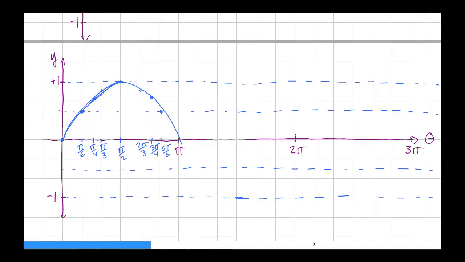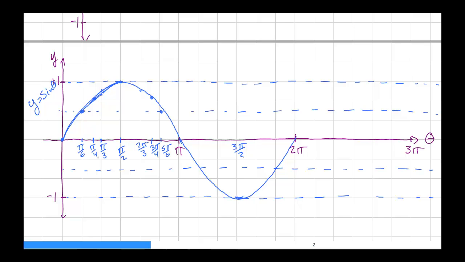And then it comes back down. At 3 pi over 2, it was equal to -1. And at 2 pi is equal to 0 again. So that's the graph of y equals sine theta for different values of theta from 0 to 2 pi.